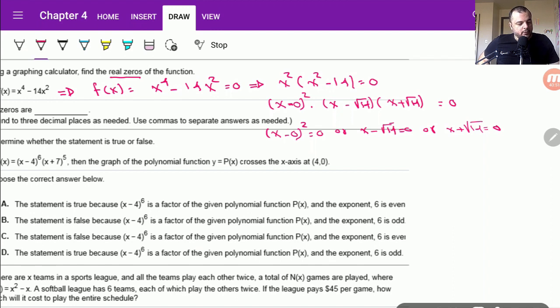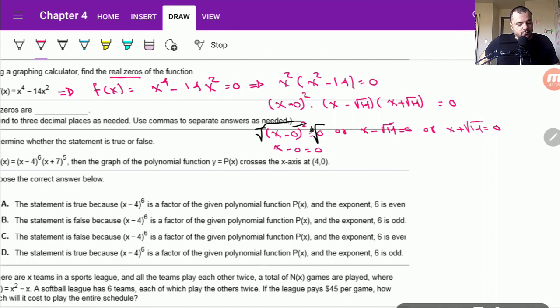So solve the first one. To solve the first one, I'm going to take the square root of both sides. When you take the square root of both sides, you're going to have positive and negative, right? So the square root cancels with the square. What do we get? We get x minus 0 is equal to 0, because there is no positive or negative 0. You have only one 0.